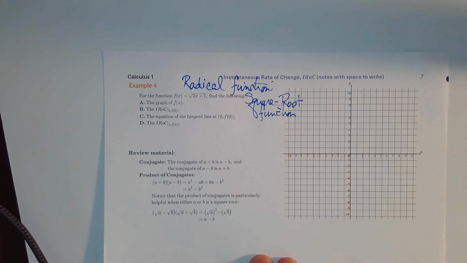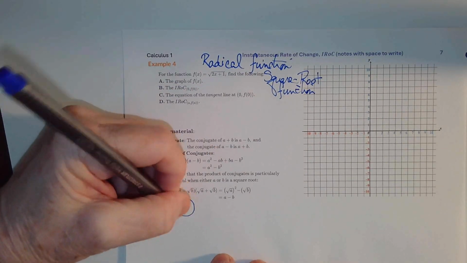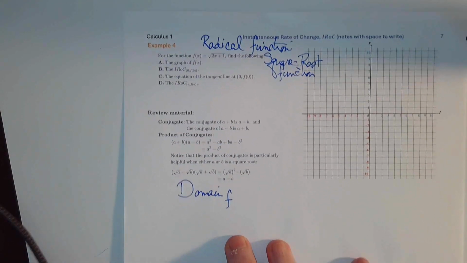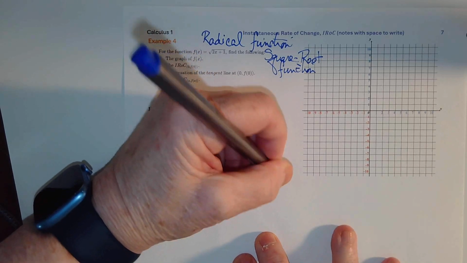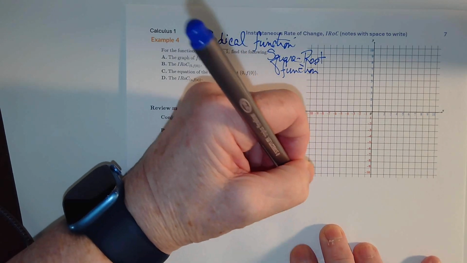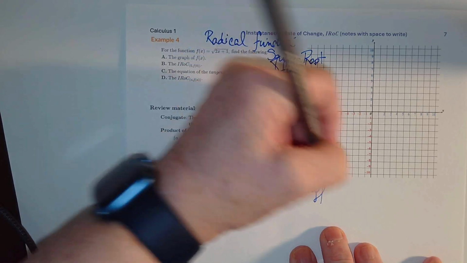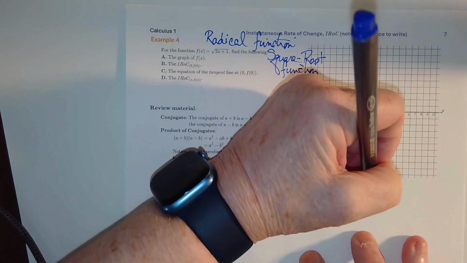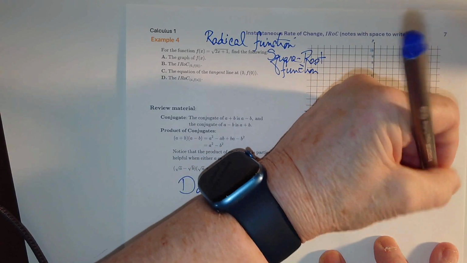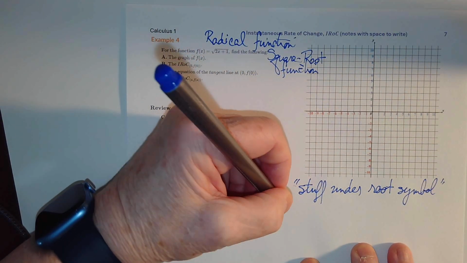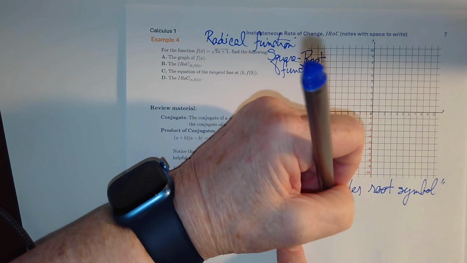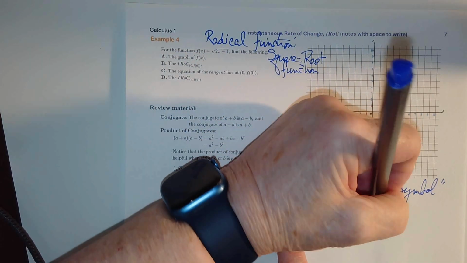To find its domain, we want to set the stuff under the root symbol greater than or equal to 0, and then solve for x.